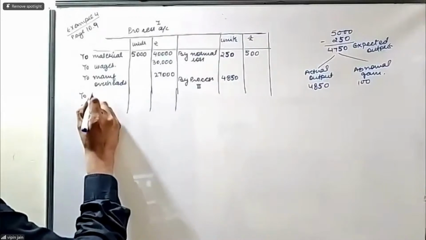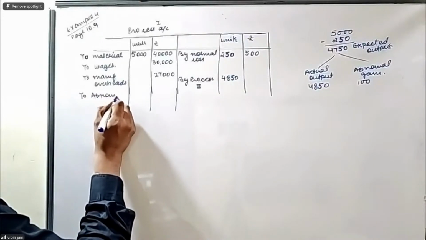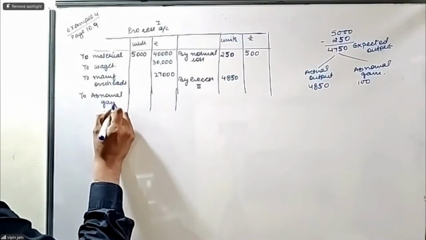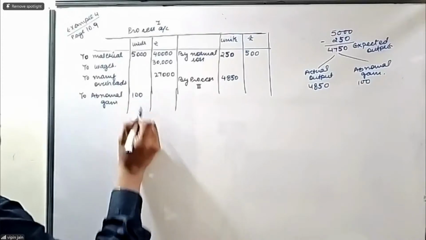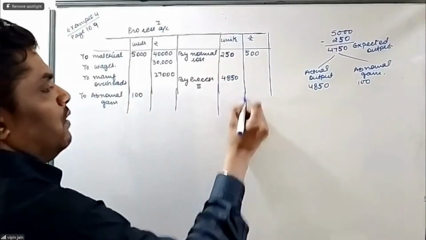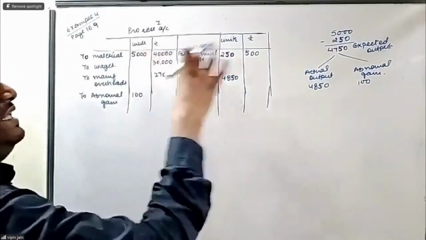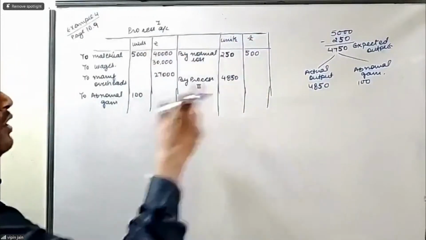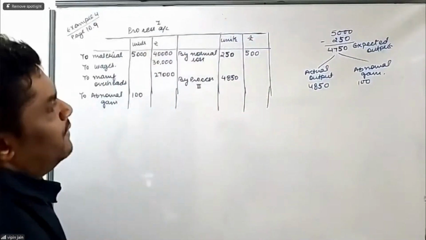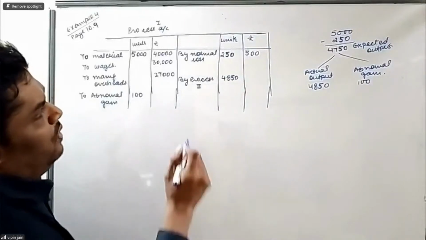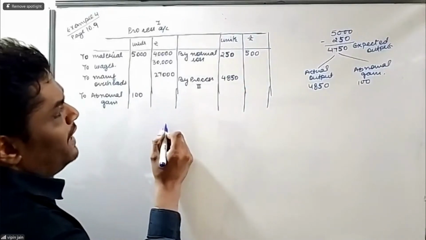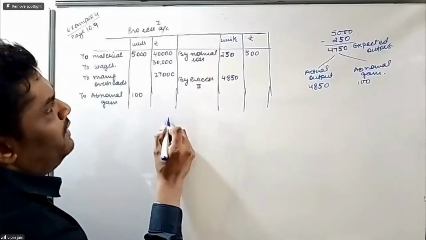Ultimately, again, we have to distribute this 97,000 minus 500 among these two. So when talking about the calculation of cost per unit, it will be the same.